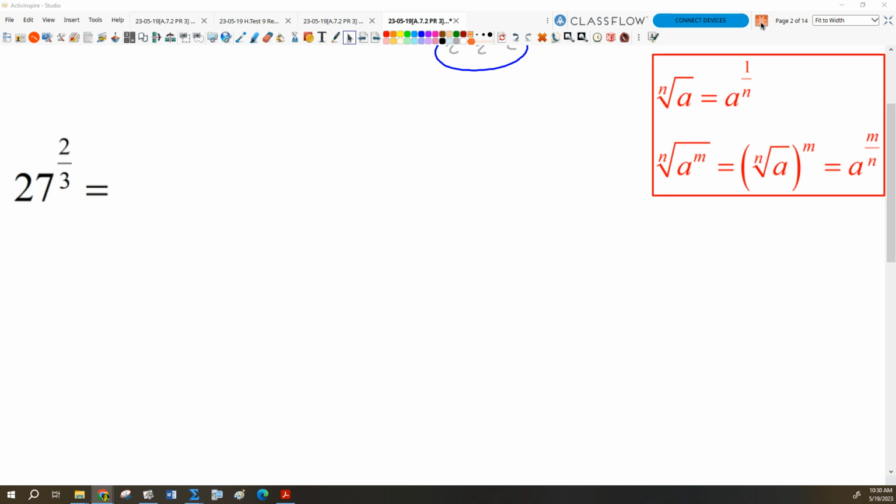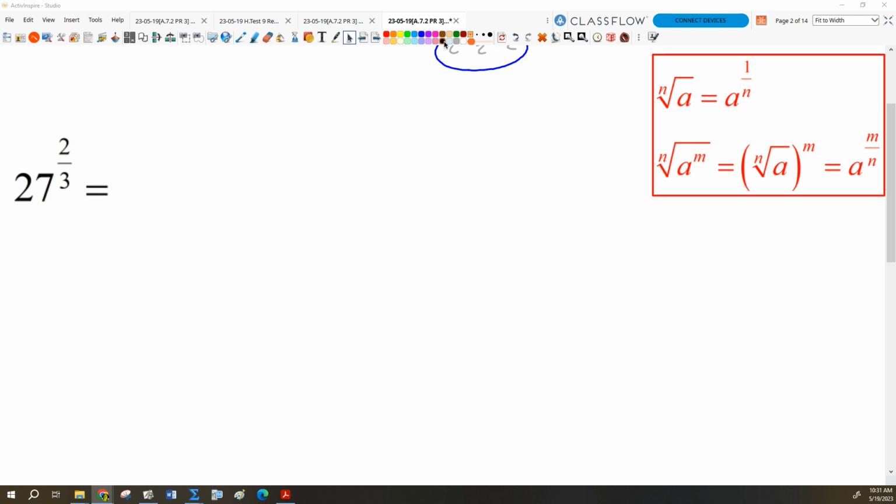The cube root, yeah. There you go. So that's one way we could do it. We could do a cube root of 27 squared. And if you forget it's a cube root, you can just say a third root. Doesn't matter. Just like we always say square root. We're really used to that, but it's really a second root. But no one would ever say second root. We just say square root because we're used to it.